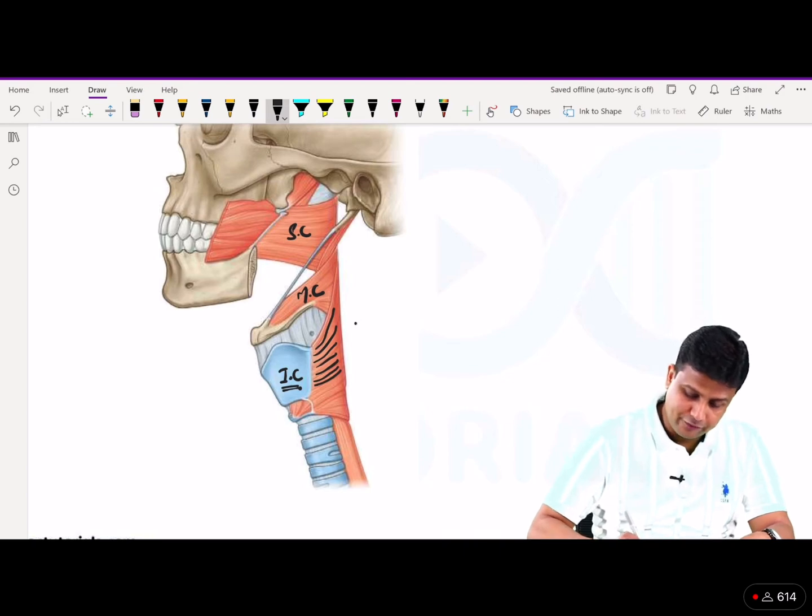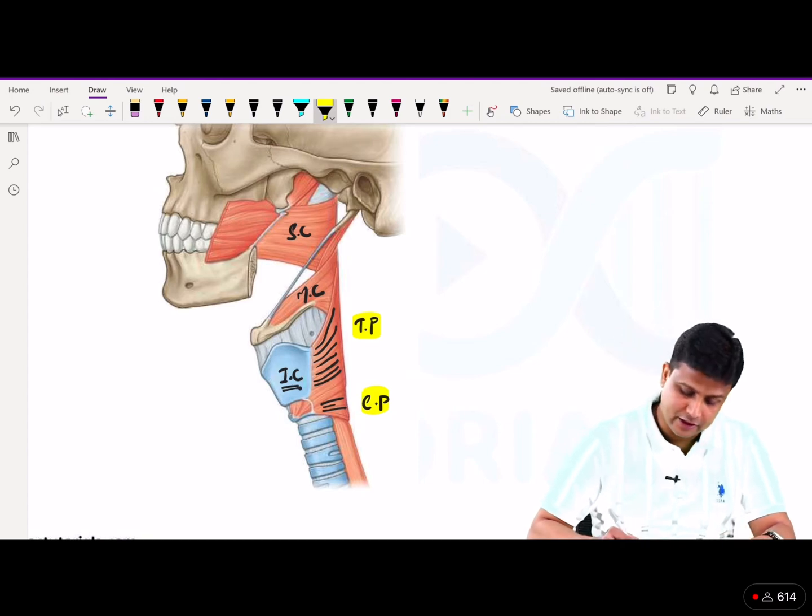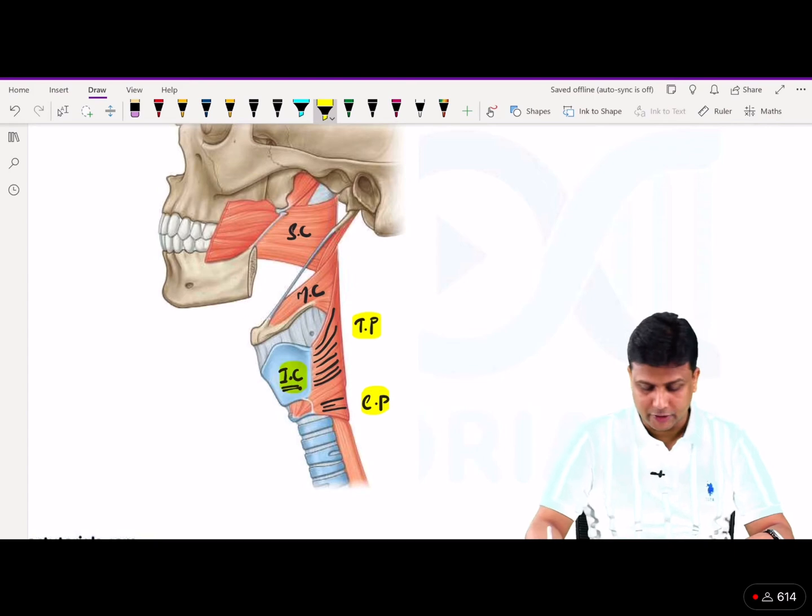And below here there will be cricoid cartilage, and this one will be the cricopharyngeus muscle. Remember the thyropharyngeus as well as the cricopharyngeus, these two will be a part of your inferior constrictor only. Inferior constrictor has 2 types of fibers there.